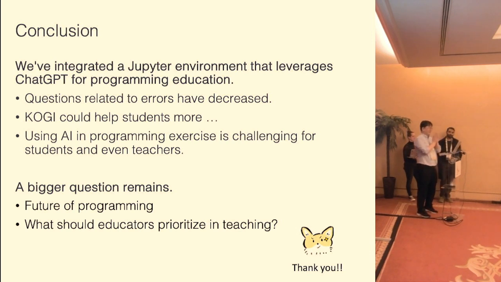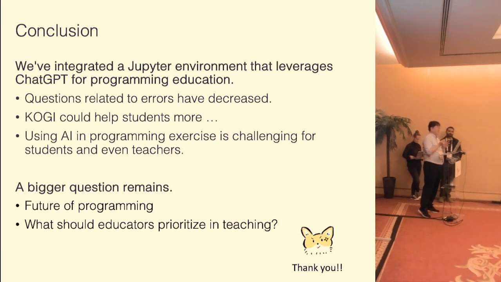Thank you for asking me. I think in the AI era, concept and terminology are very important to ask the AI, and sometimes students don't understand the concept, but they can get the code.